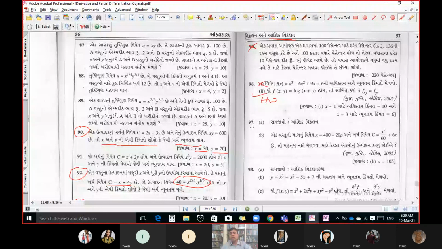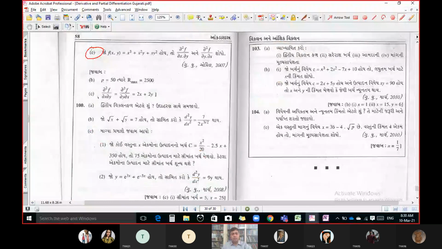You can do these as your homework. Only the examples related to partial differentiation are in our syllabus, so you have to do only those. These are not in the syllabus.